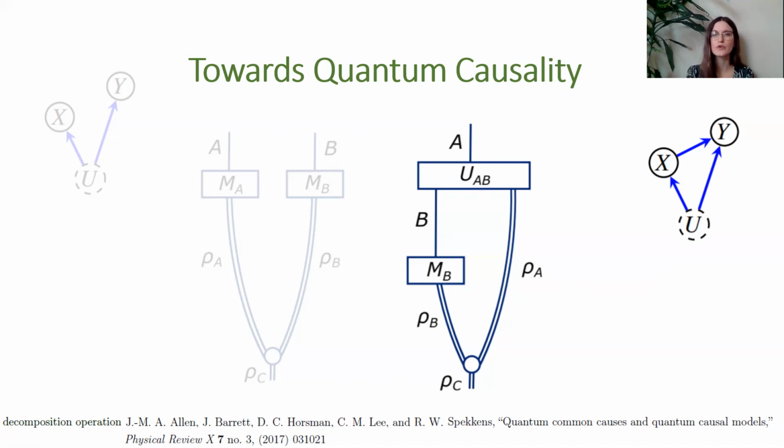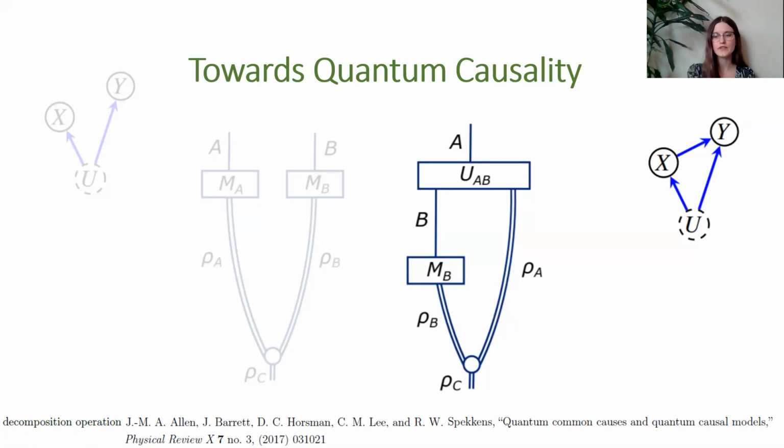Like, can I say which one is the right one to describe my problem? So let's see if we can ask a similar question here, that I have these two circuits and I have a quantum common cause that I know the dimension of. This kind of corresponds to the cardinality of the hidden variable, and I want to know which circuit represents the probability distribution that I have.